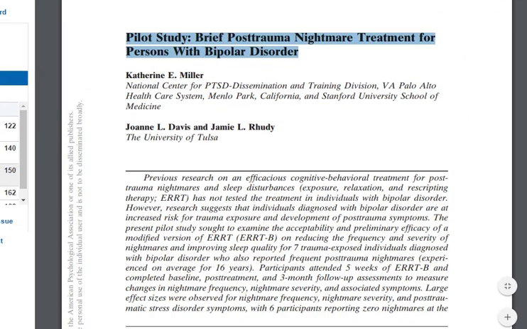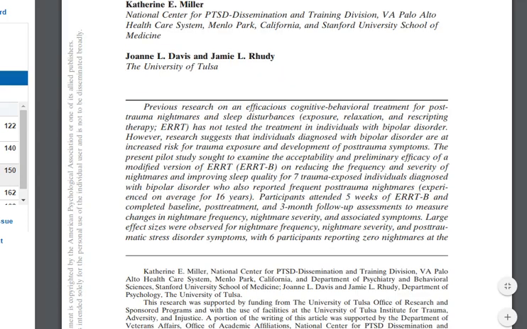Oftentimes, students believe that the articles themselves have correct APA. They don't. Oftentimes, journals will have an augmented form of APA specific to them. It may be APA based, but it may not be APA specific.